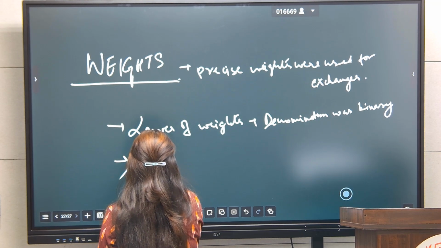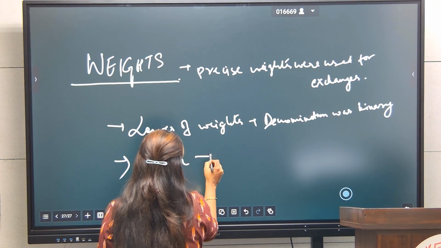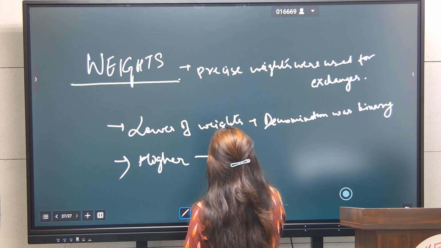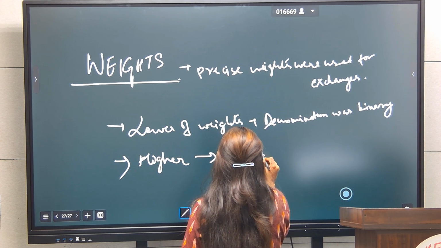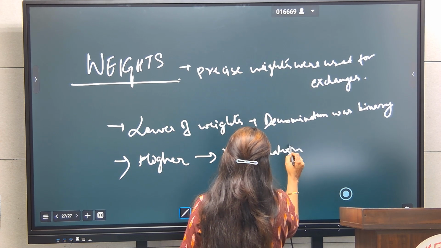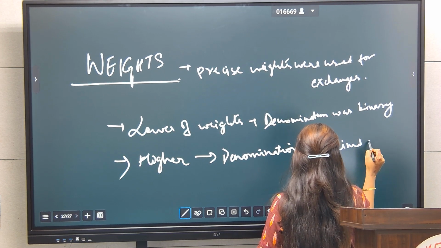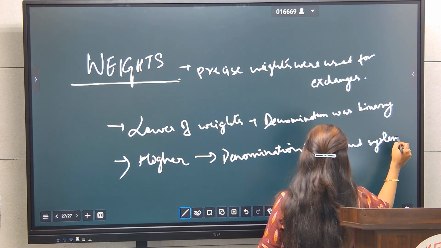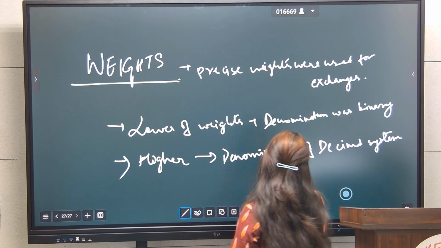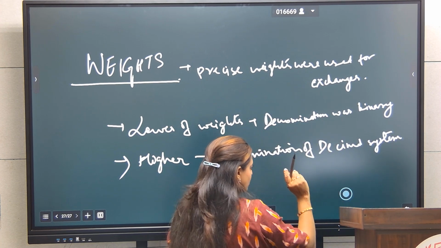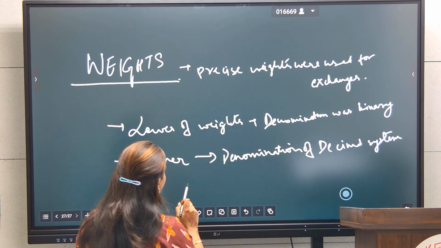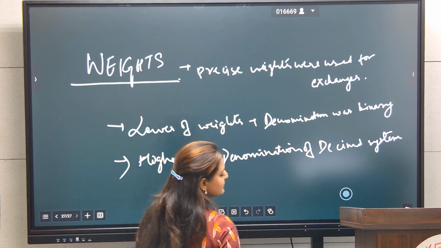So the binary denomination was used for lower weights, and for higher weights the decimal system was used.